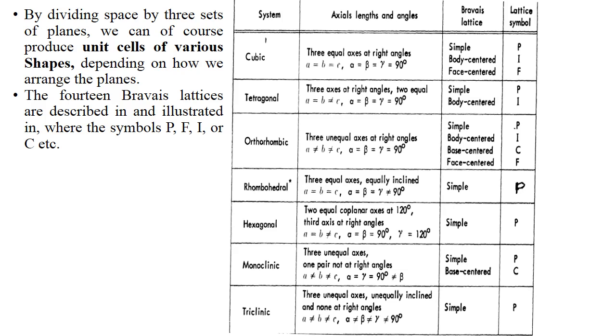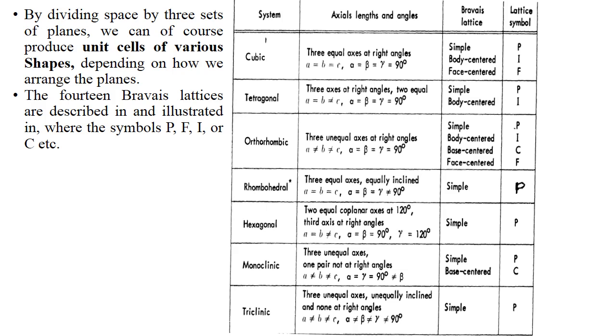For the tetragonal crystal system, there are 2 Bravais lattices. One is simple and the second one is body-centered. And we have discussed that for the simple there is a P symbol for the Bravais lattice and I for body-centered.